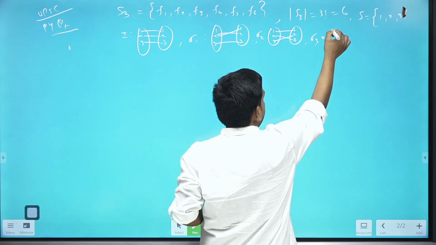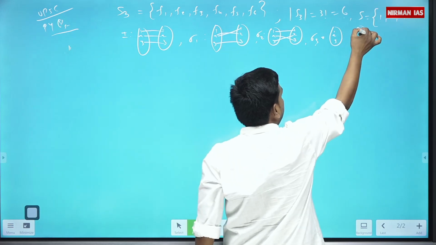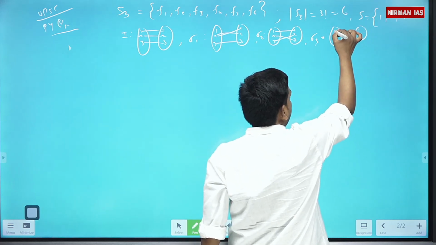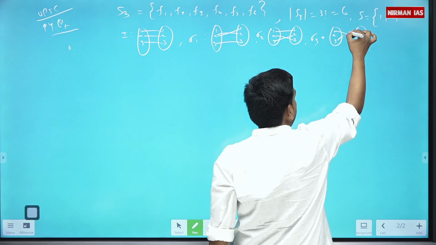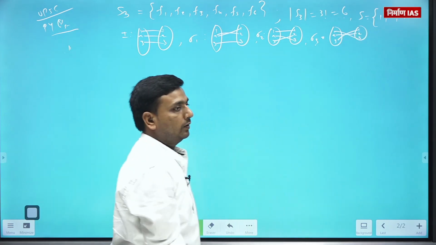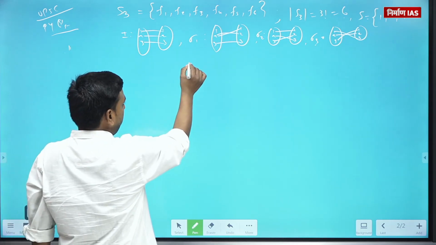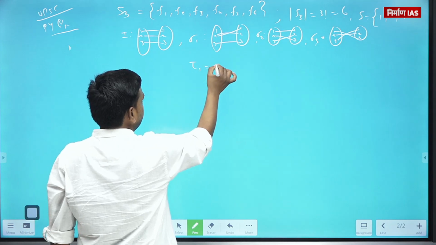Similarly, I will represent sigma 3: 1, 2, 3 to 1, 2, 3, where 1 is mapped to 3, 3 is mapped to 1, and 2 is mapped to 2. Is that clear? I will also define two more functions.